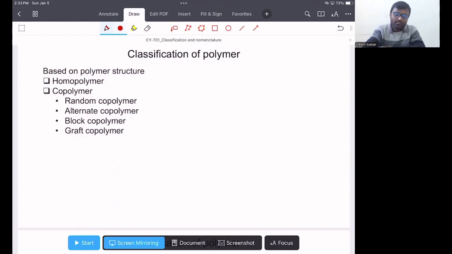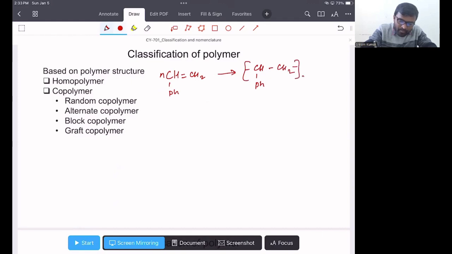So in homopolymers, as I took the example of polystyrene, we have polystyrene, and if n number of molecules polymerize, that gives this polymer. So here n number of monomers polymerize and give the polystyrene.